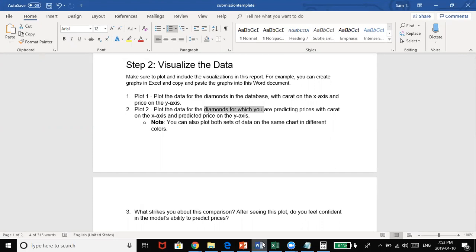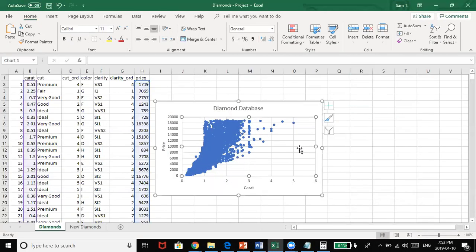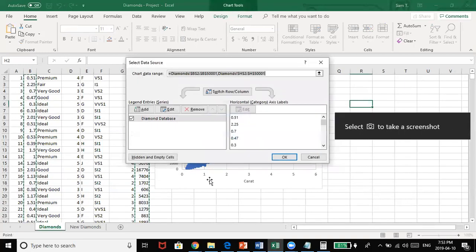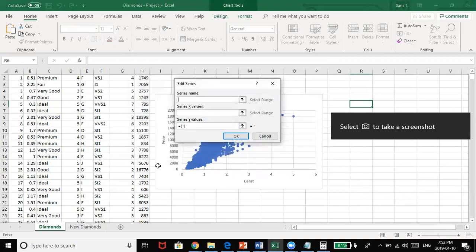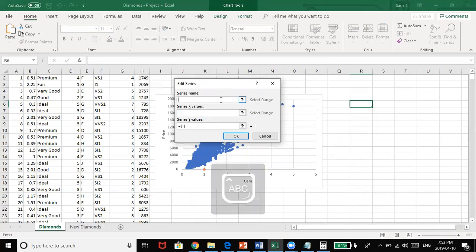Note, you can plot both sets of data on the exact same chart. So if we are allowed to do that, then all you need to do is select the data. You go to select data again, and then you add, and you can call this predicted diamonds.